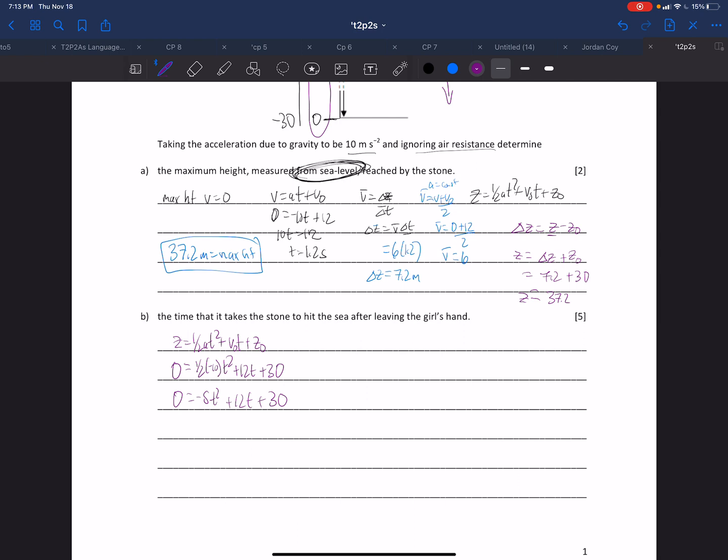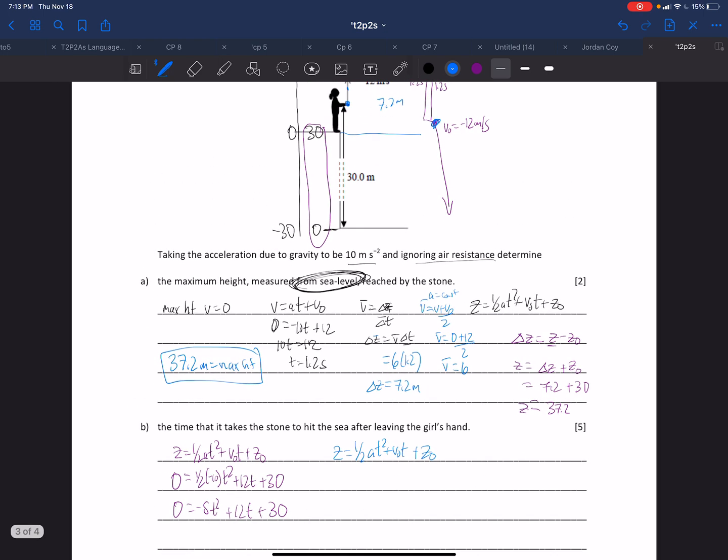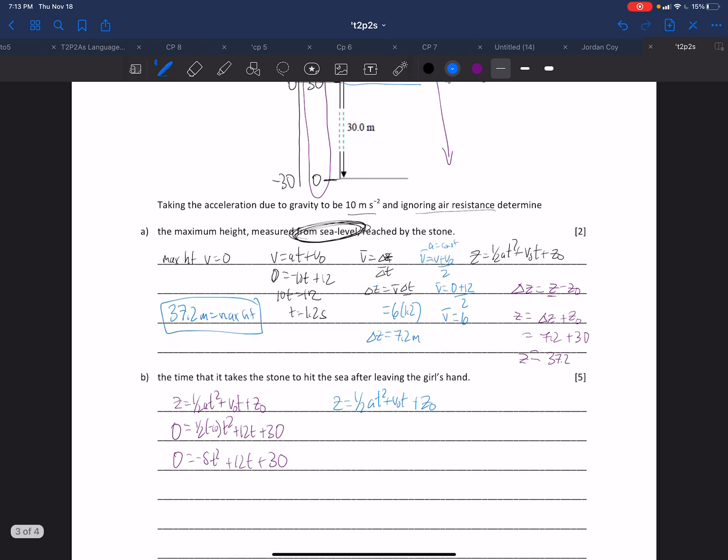If we had set it up the other way, we may find it'll be a little easier to solve, or maybe not. So in the second situation, we would start it from here. So we have minus 1/2 10t squared, where v0 in this case now is minus 12t, plus 30 is z. We want to know when that equals 0. So 0 is minus 5t squared minus 12t plus 30.